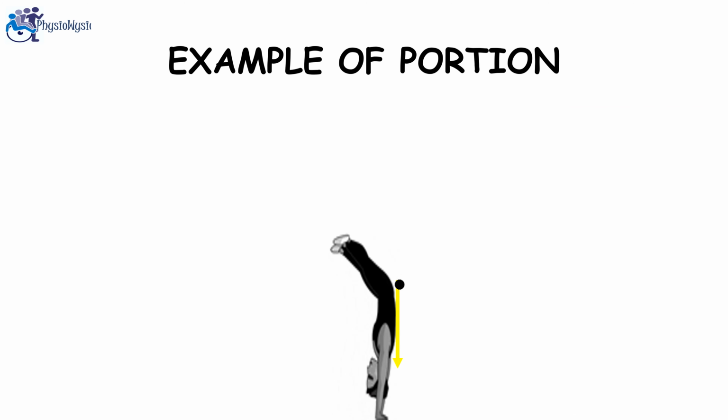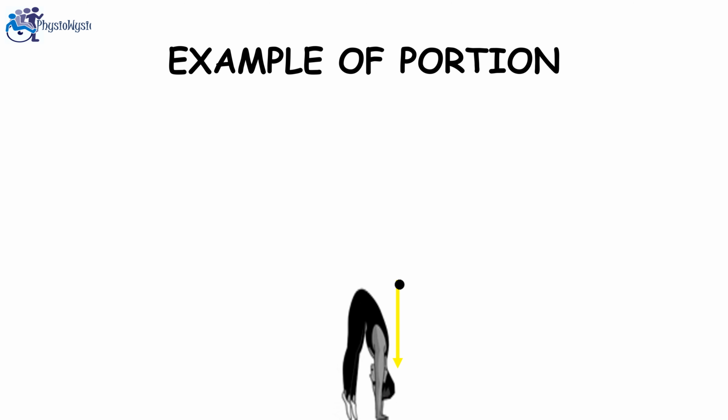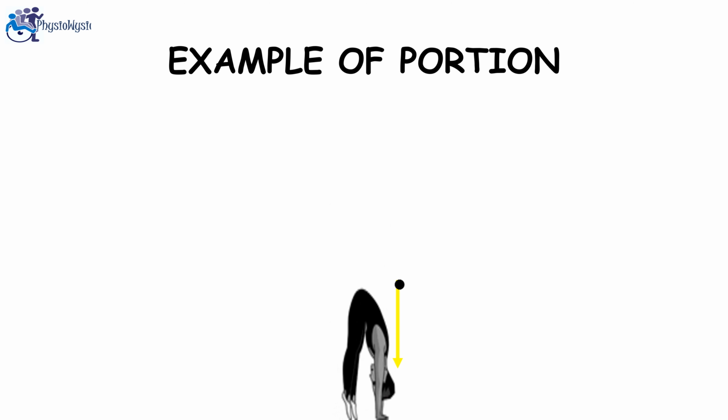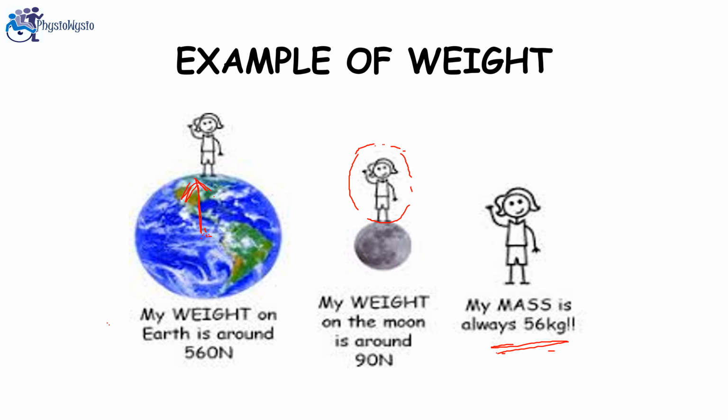Here you can see the gymnast is in a balanced position because the center of gravity of the gymnast's body is located directly over the hands, that is the base of support. The more you go away from the center of gravity, the more your weight will decrease. Moreover, the center of gravity also depends upon the accumulation of fat and the loss of soft tissue tone.